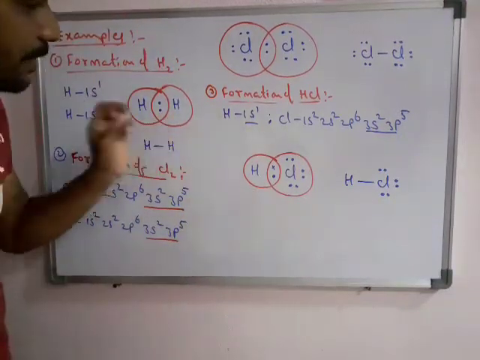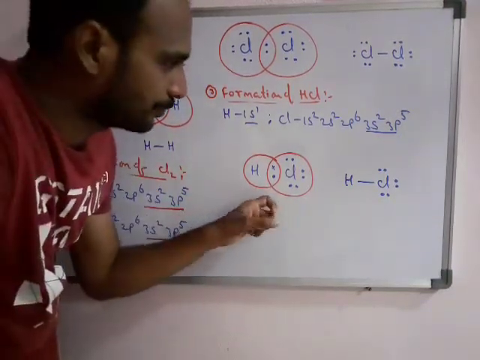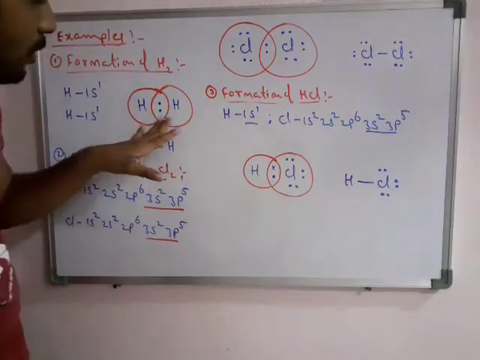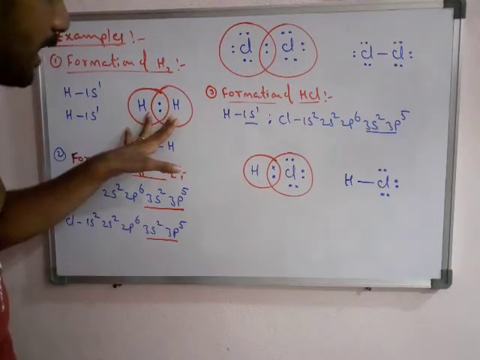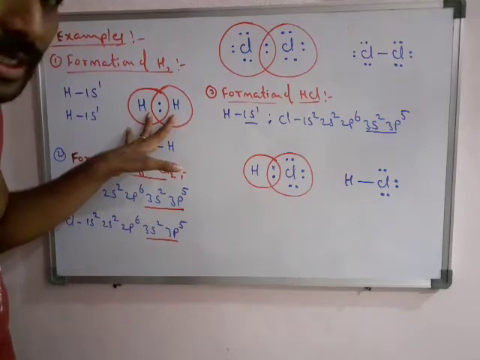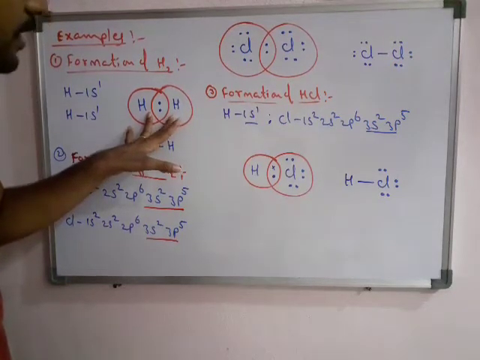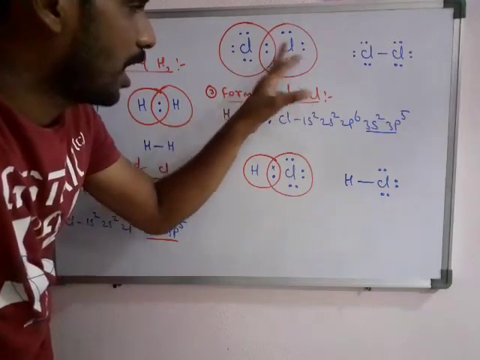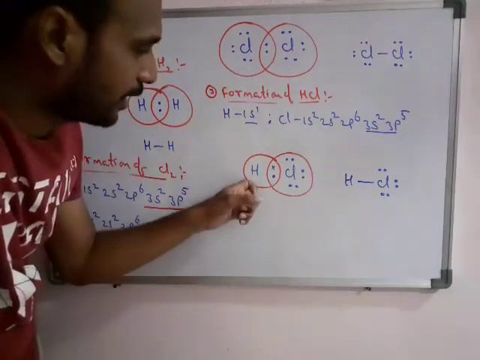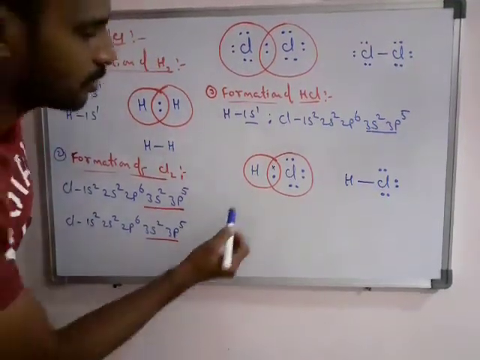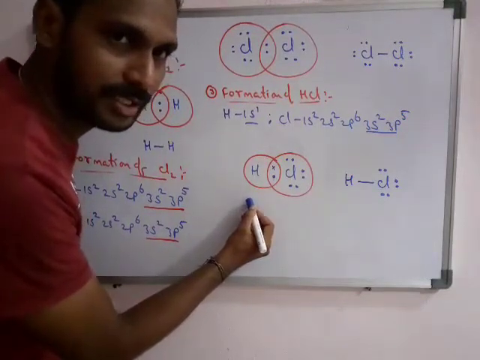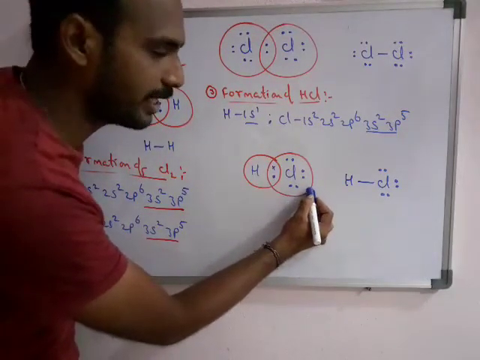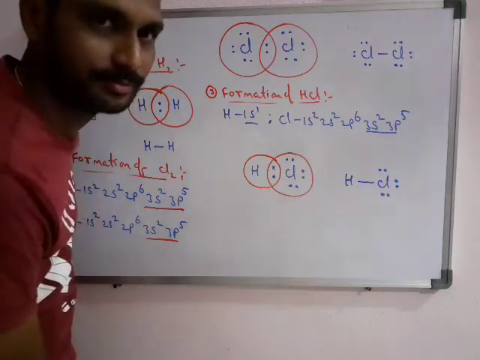In the earlier example both were similar atoms, so both gained the same type of configuration, helium configuration. Here hydrogen is in helium configuration whereas chlorine is in argon configuration.